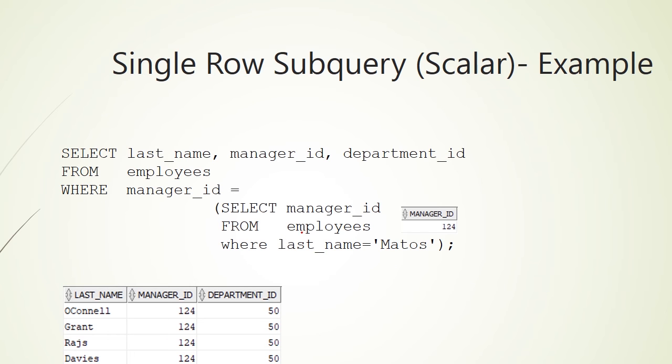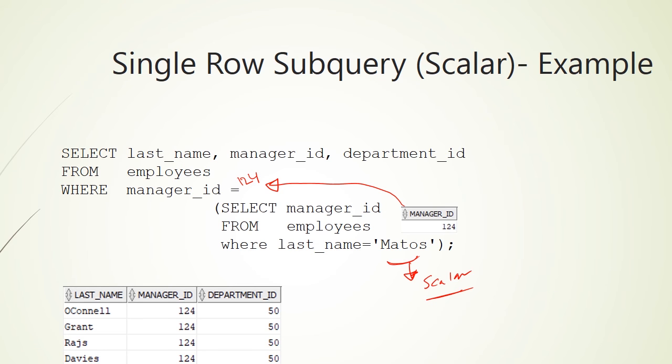First of all, I want to identify the manager ID of Matos. So this is your subquery: select manager ID from employees where last name equal Matos. This subquery returns the manager ID of Matos, and this manager ID will be used by the outer query to identify all employees where manager ID equals, in our case, 124.